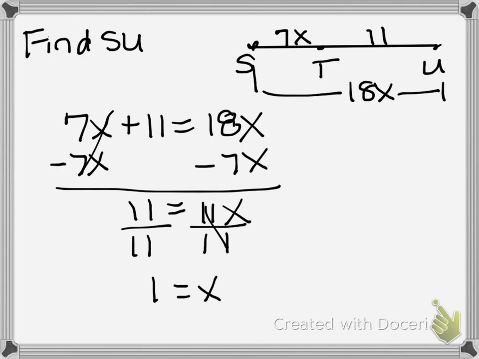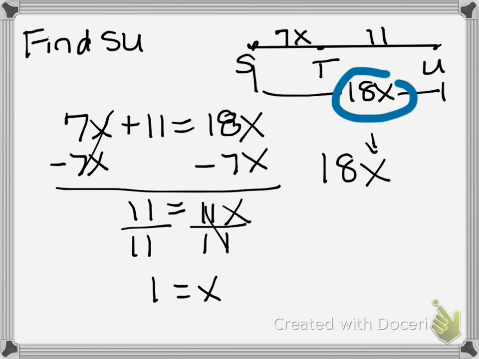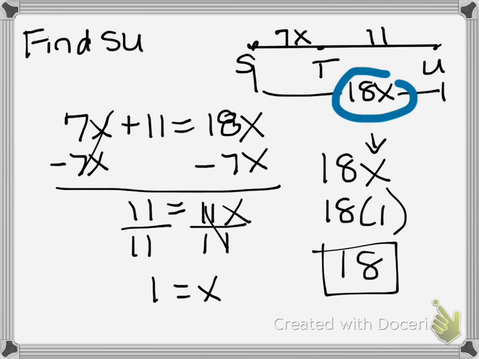But again, we're not done because we need to find out what SU is. So SU is this right here, 18x. So we're going to take our 1 and plug it into our x. We'll do 18 times 1. So SU equals 18, and that is our answer.